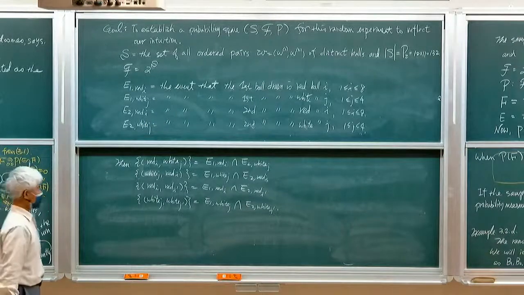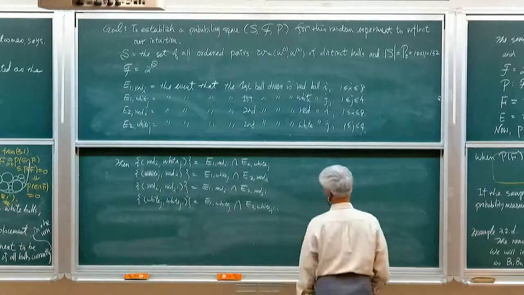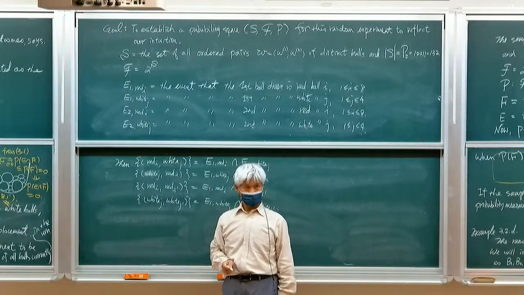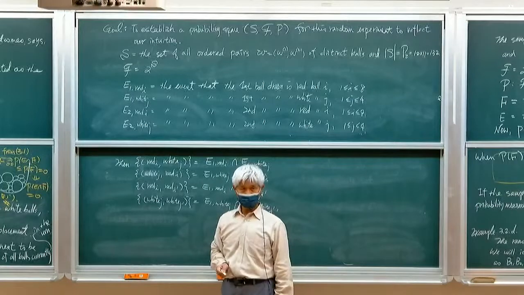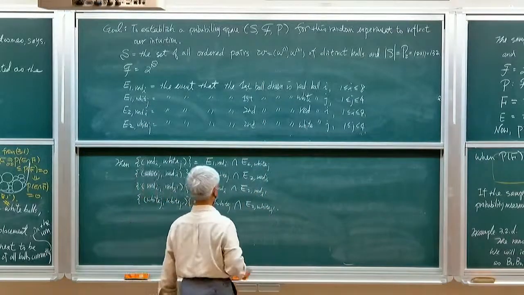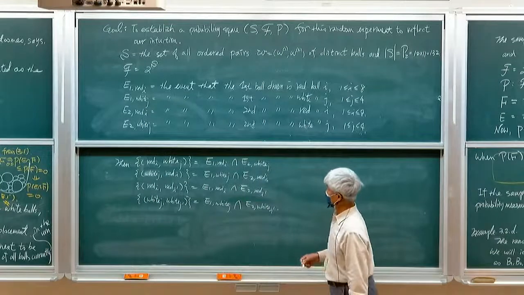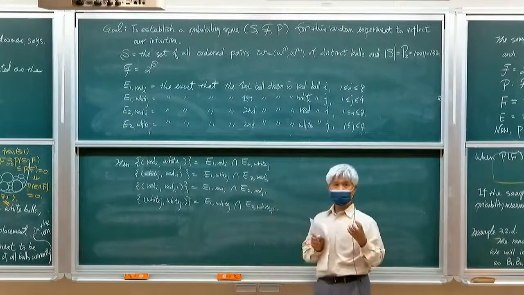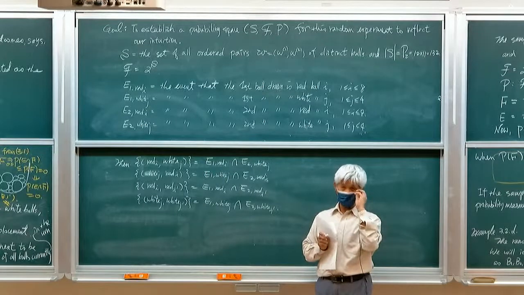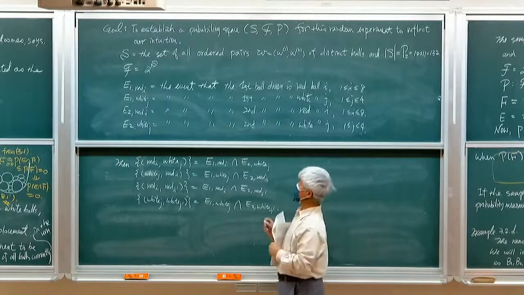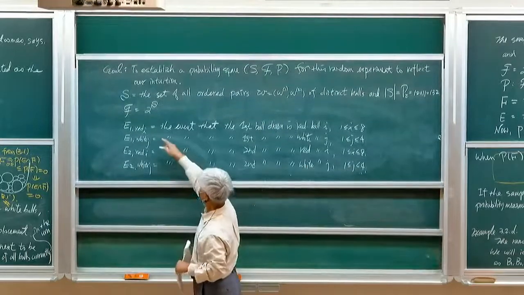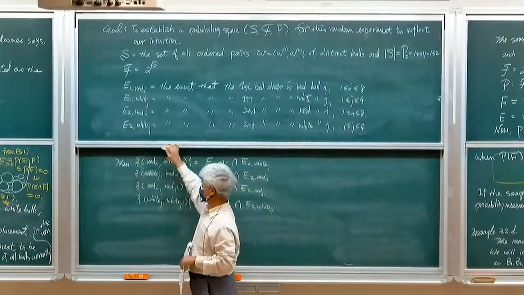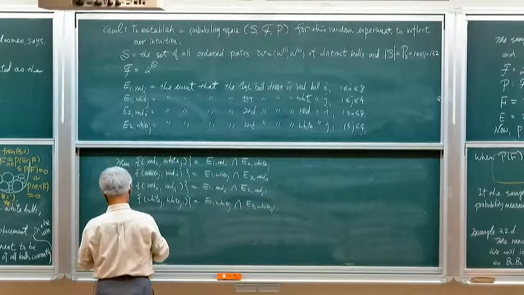Okay, so it is sufficient to find the probability of each of these kinds of atomic events, because each atomic event can be expressed as intersection of two of the four kinds of events there.